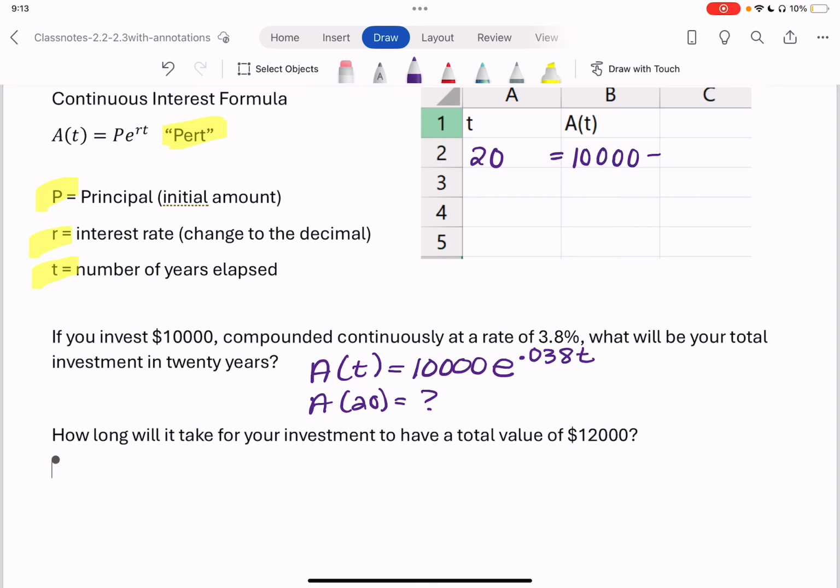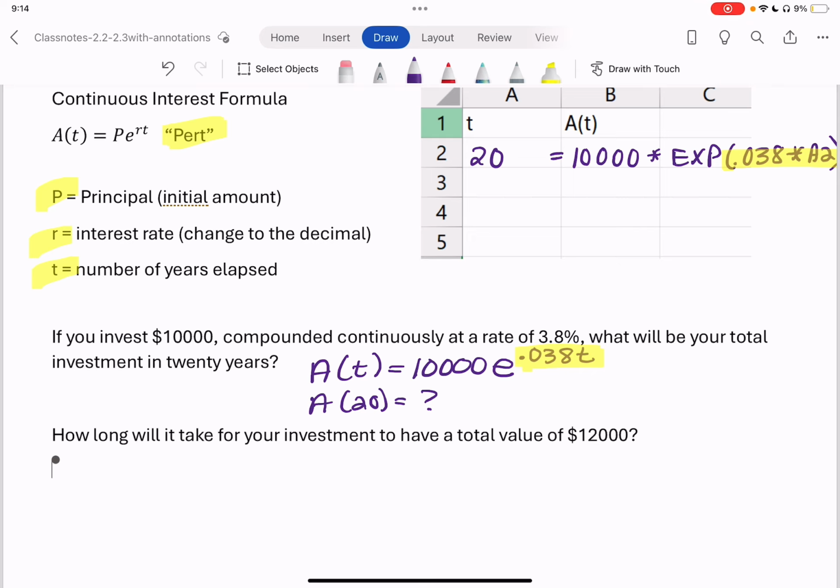So it'd be 10,000 times EXP parentheses 0.038 times the cell reference where you have that T value. Once again, be careful with these parentheses. Make sure that you've got the correct stuff inside the parentheses, representing this whole exponent that's on that base E.